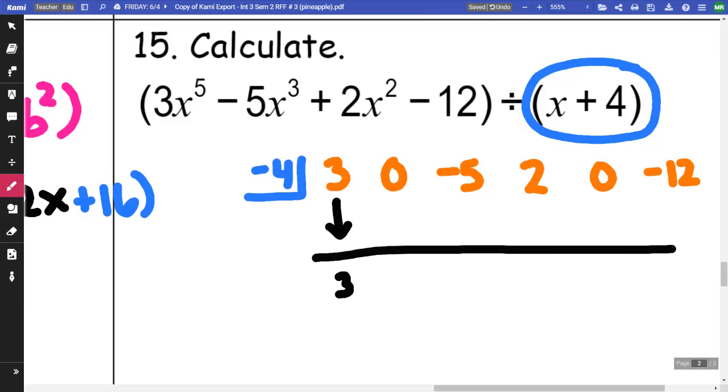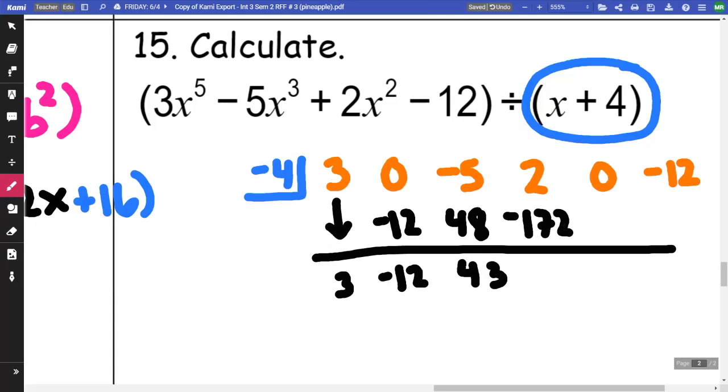And then I am going to bring this down, which is 3. And now I'm going to take 3 times -4, which is -12, combine, -12. -12 times -4, which is 48. Let me just double check all my numbers. Okay. So that was a -12. So I get a -12, I get a 48. So I end up getting a 43. Okay, 43 times a -4 is a -172, which is a -170.